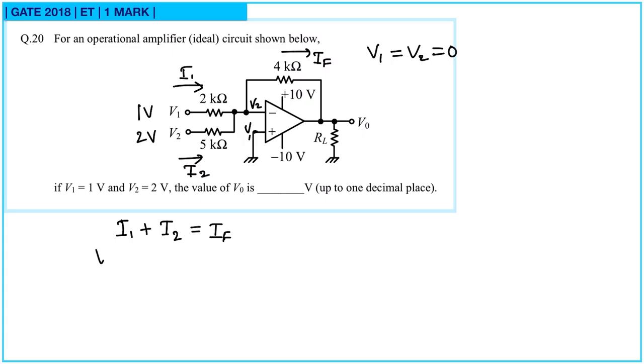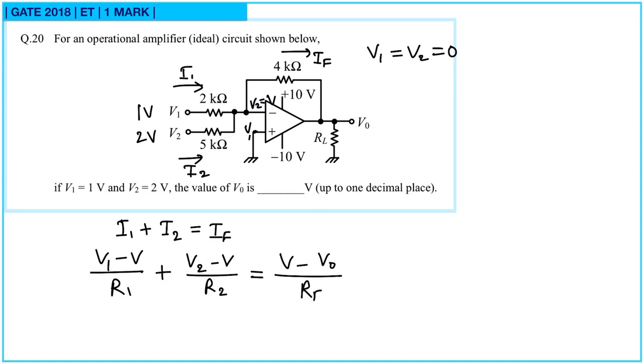I1 is V1 minus V upon R1, plus V2 minus V upon R2, is equal to V minus V0 upon RF. Since V is equal to 0, we have V1 by R1, that is 1 volt by 2 kilo ohm, plus V2, 2 volt, upon R2, 5 kilo ohm, is equal to minus V0 upon RF, 4 kilo ohm. You can cancel the kilo ohms.